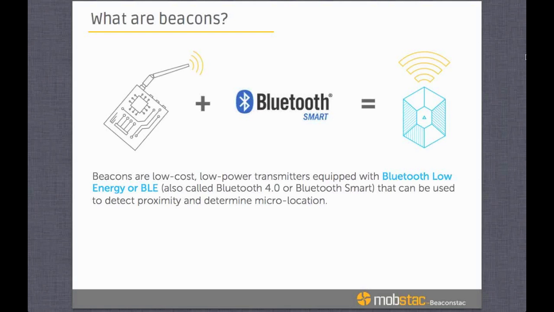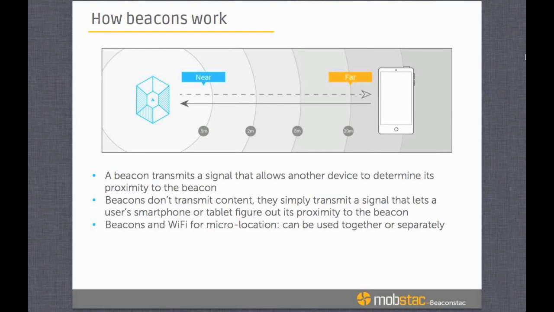Beacons tend to be of all shapes and sizes, but most of the time they serve the specific purpose of transmitting a signal and using that signal to detect proximity of a user through their smartphone or tablet. Essentially they help in determining microlocation, which is location not at a GPS level, that is not latitude or longitude, but location inside a building, perhaps within a floor, or even inside a room.